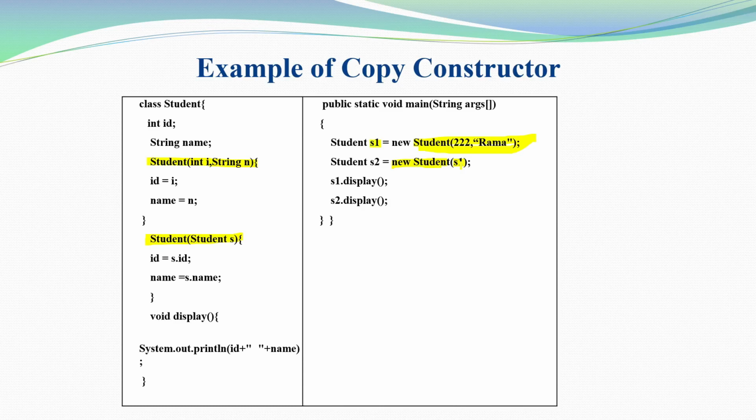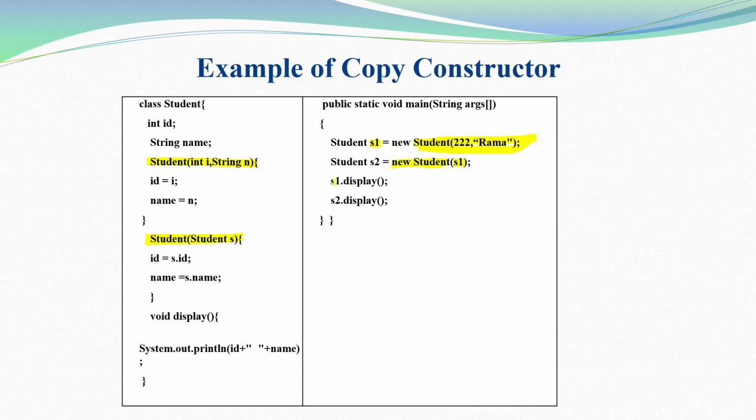Student 1 has ID 222 and name Rama, whereas in student 2 we are copying these values, 222 and Rama, from the student 1 object.